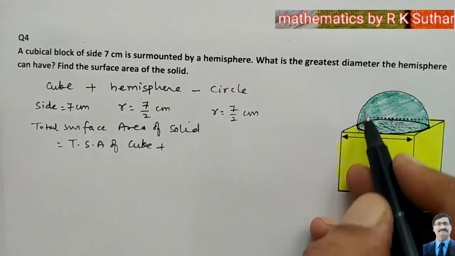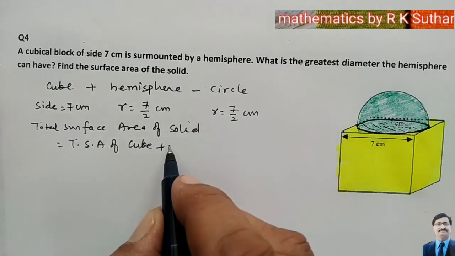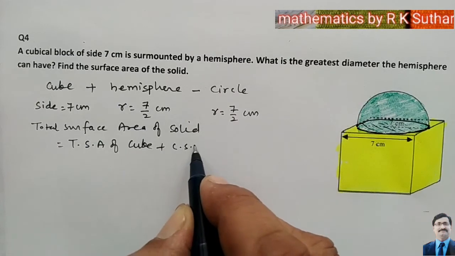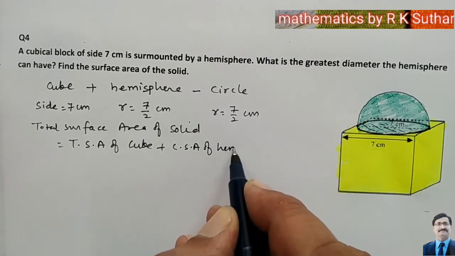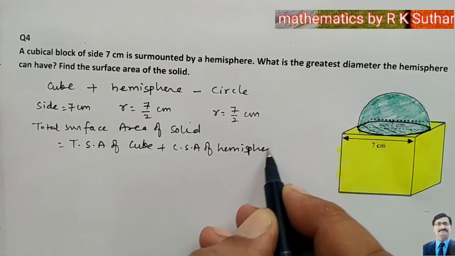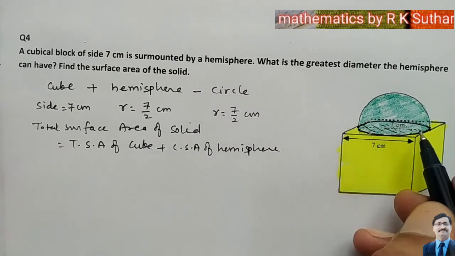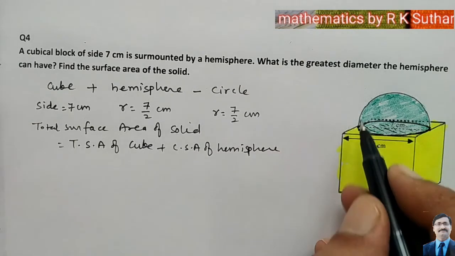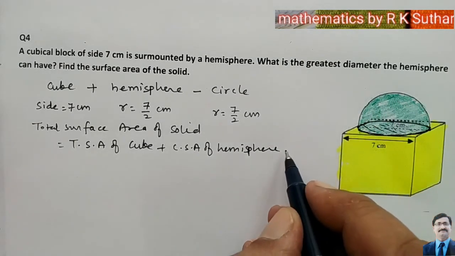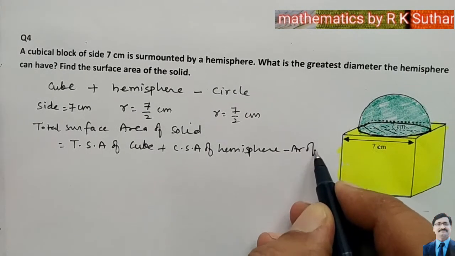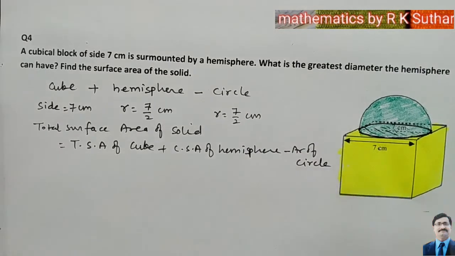Now, this is a hemisphere, so we add the curved surface area of the hemisphere. And we have this circle, and we have to remove the circle because in the place of the circle we keep the hemisphere. So write minus the area of the circle. All of you understand this?